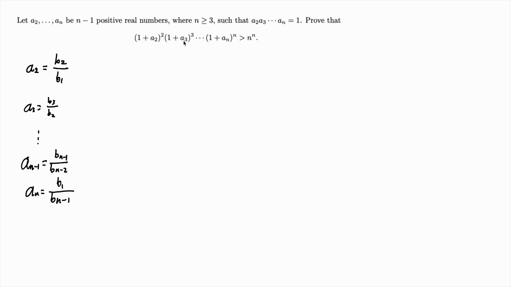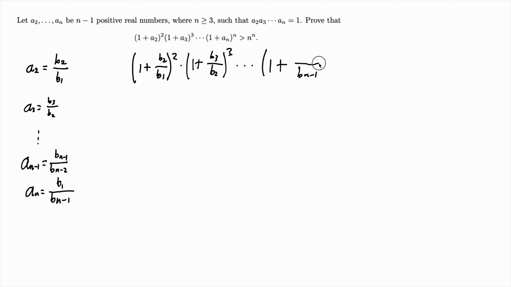Now, rewriting our expression, we have 1 plus b sub 2 over b sub 1 squared. I don't know why, but it's always hard to write. I think it's just that I'm not quite used to it yet.